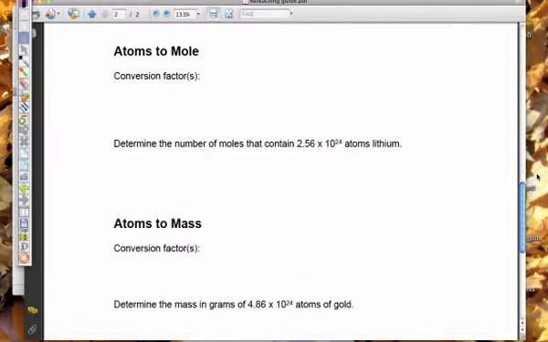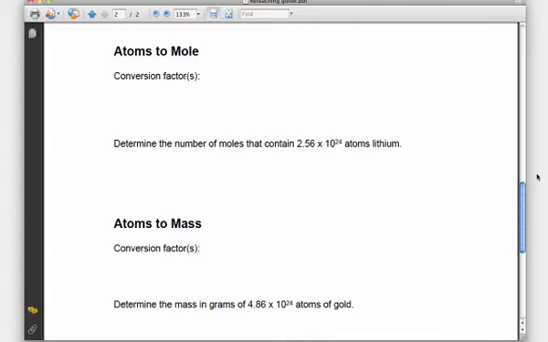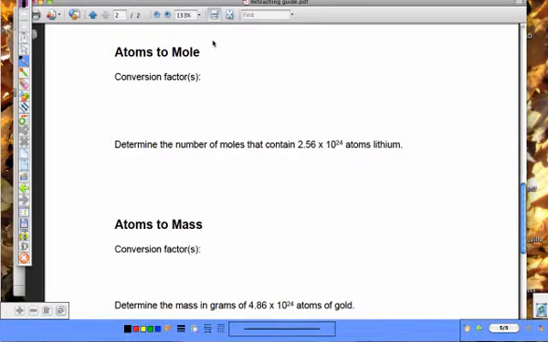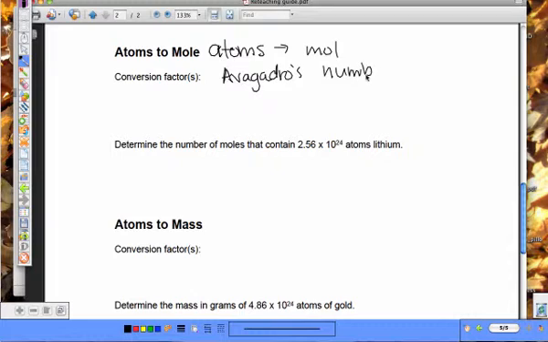Now atoms to moles. We're going to use the same conversion factor, right? We're going to use Avogadro's number again. But if we're going from atoms to moles, we're given atoms.